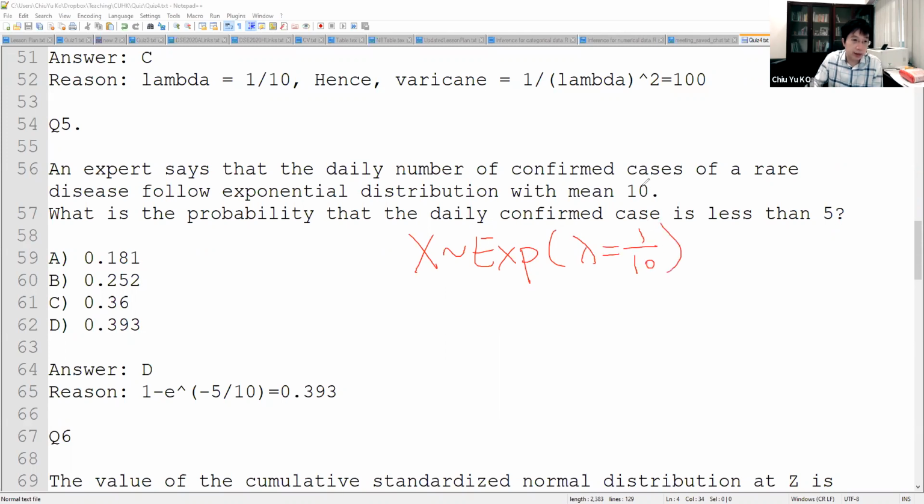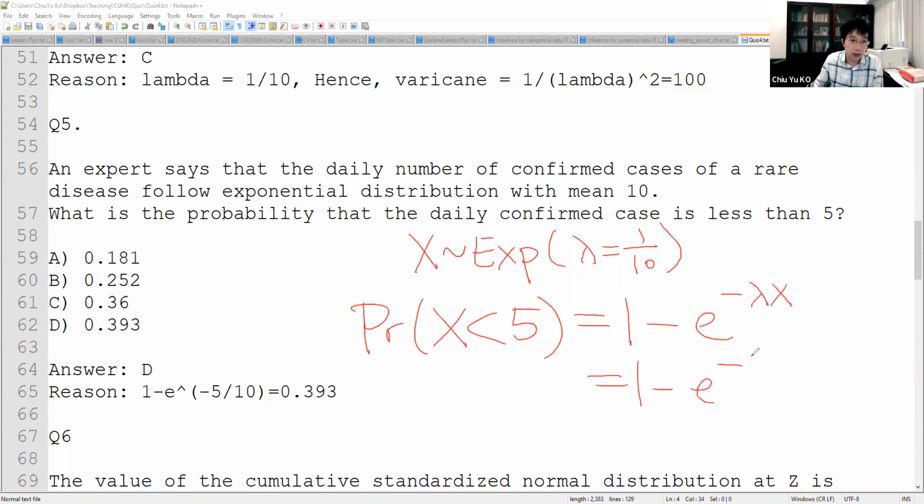Same idea we have seen in the last question, asking probability X is less than 5. We know exponential is e to the negative lambda x, right? And in this case, it is e to the negative 5 over 10. So that is the answer D.